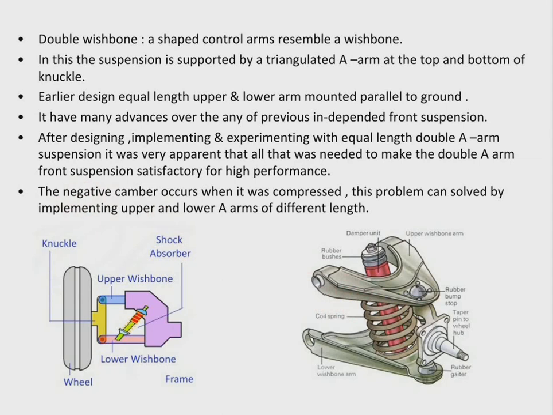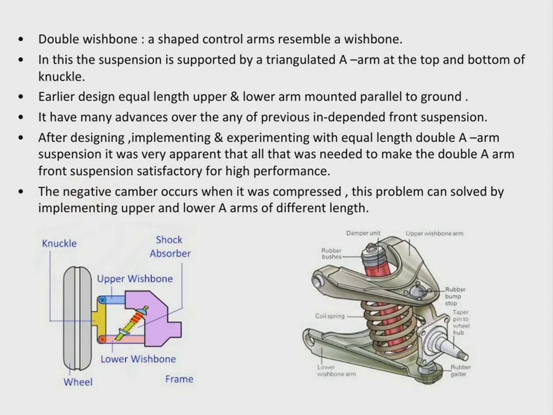But later we found out that the unequal length double A arm suspension is more effective than the equal length double A arm. Negative camber occurs when it is compressed, and this problem can be solved only by implementing different length double A arms.